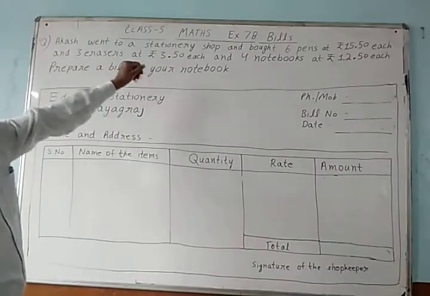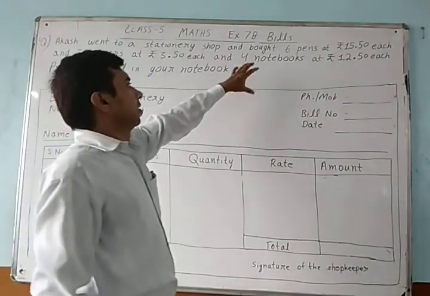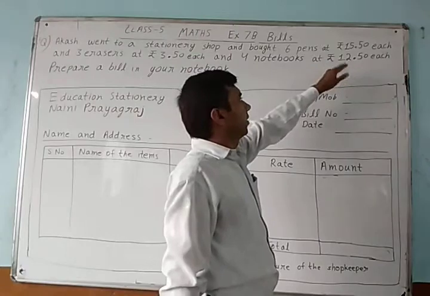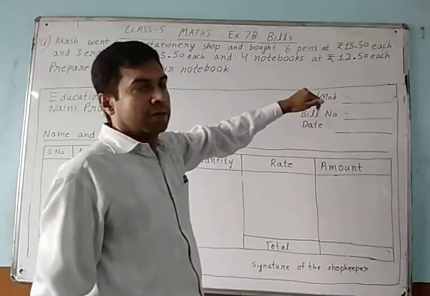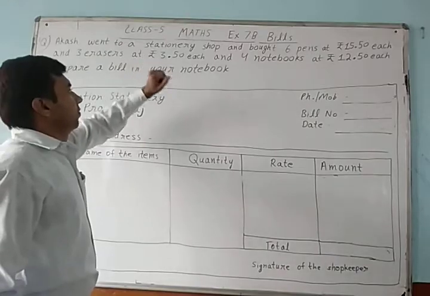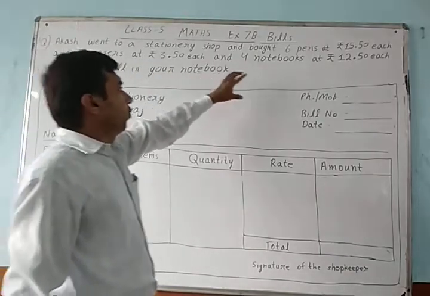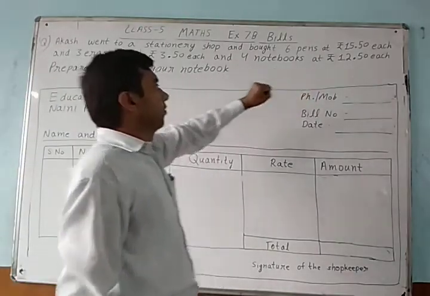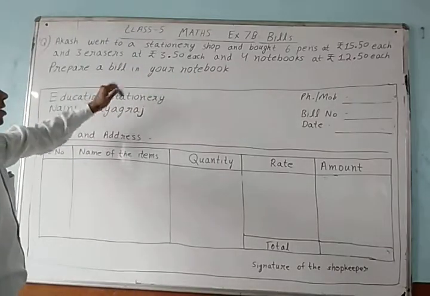Akash went to a stationery shop and bought 6 pens at rupees 15.50 each, 3 erasers at rupees 3.50 each and 4 notebooks at rupees 12.50 each. Prepare a bill in your notebook.